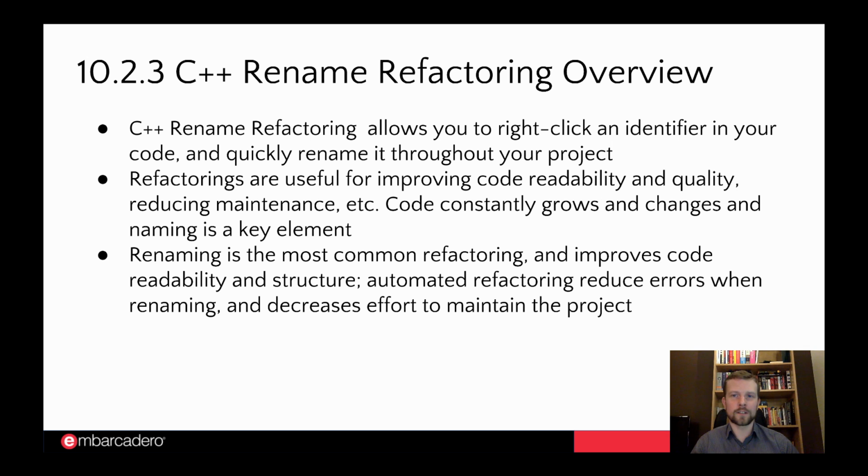Rename refactoring allows you to right-click an identifier in your code and quickly rename it throughout the entire project. It's one of the most common types of refactoring, and it's very useful for improving code readability and structure. Being able to rename in an automated fashion reduces errors when renaming and, of course, decreases the effort to maintain your project.